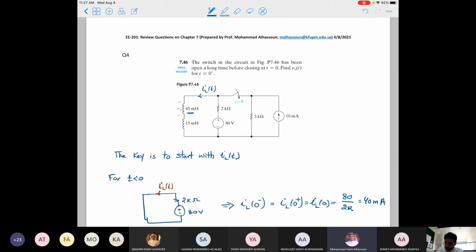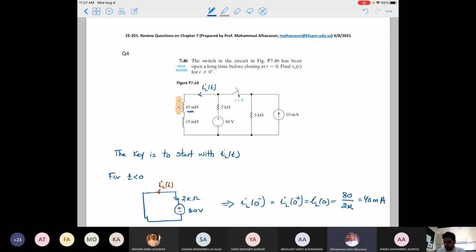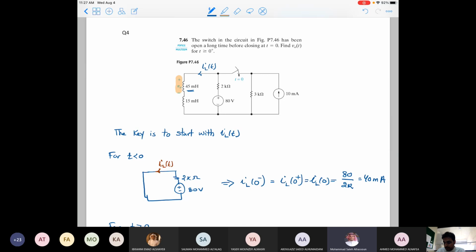Let me go back and find the quantity that I'm interested in, which is the voltage across this inductor. By definition, the voltage across the inductor is the inductance multiplied by the derivative of the current with respect to time.